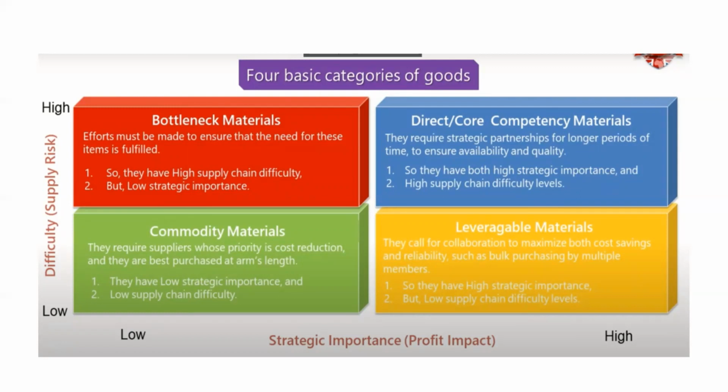So, ano siya? Bakit difficult siyang makuha pero less important siya? Okay. Bottleneck materials refers to, for example, mahirap siya i-supply, okay, pero maliit lang impact niya.